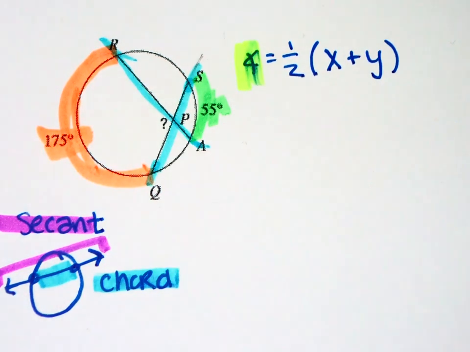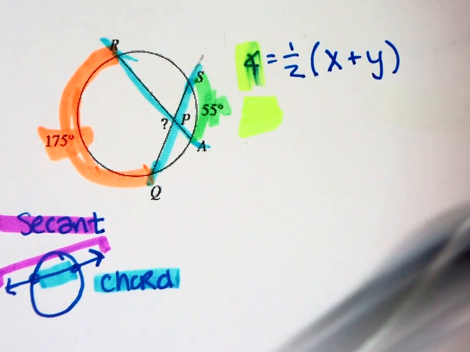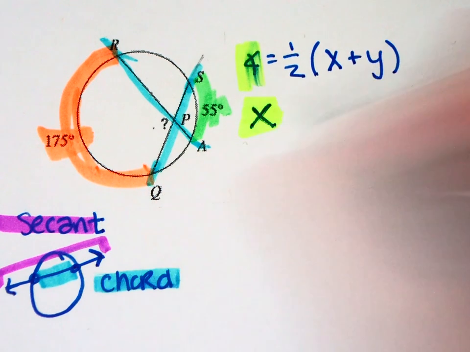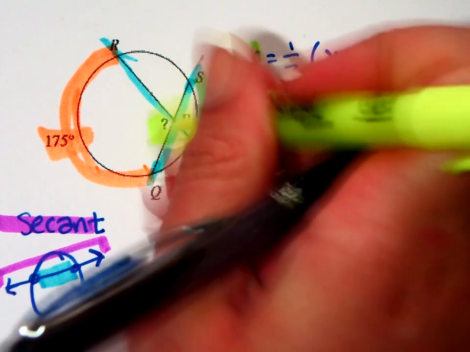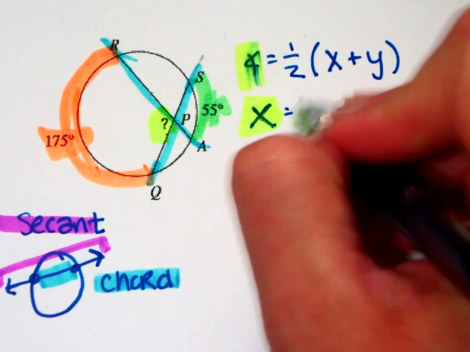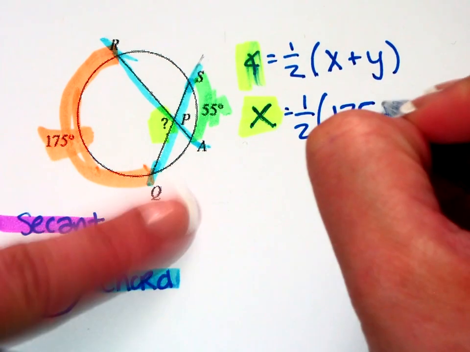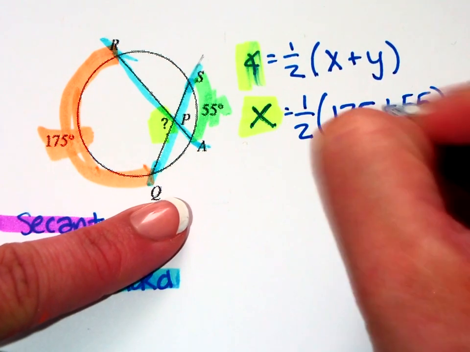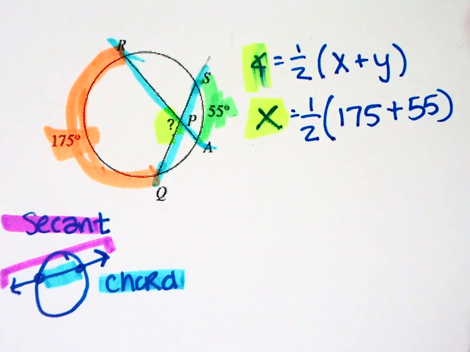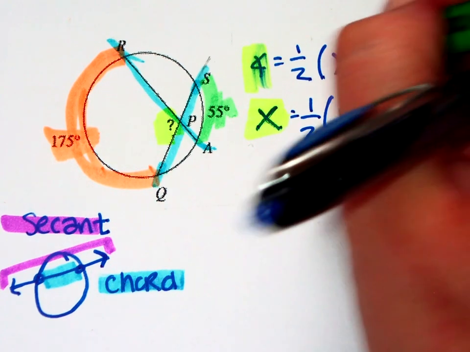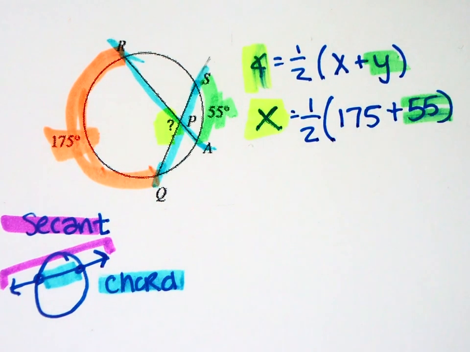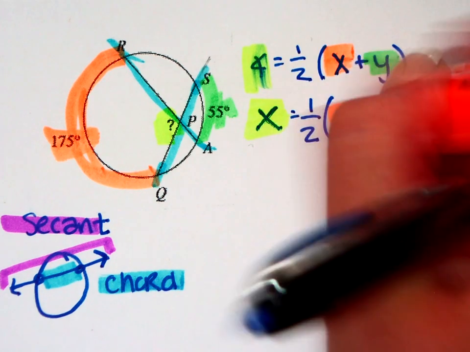In this problem, my angle measure is my unknown, so I'm going to put an x here because I don't know what that angle is. x equals 1/2 (175 + 55). It doesn't matter which one is x or y. All that matters is that you're adding the two arcs together that are between the angles.